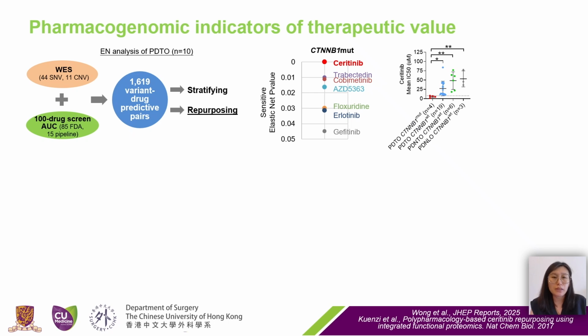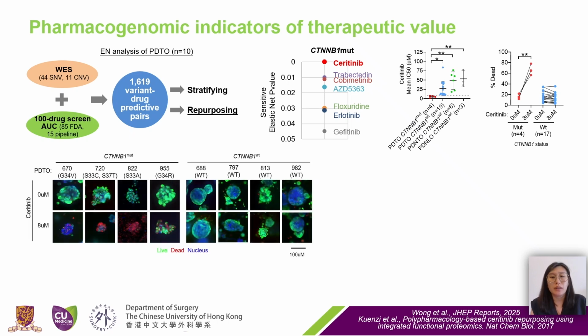This is the in vitro data. You can see that the IC50s are significantly lower in the mutant organoids, and this is also reflected in the live-dead quantification and imaging at high content.